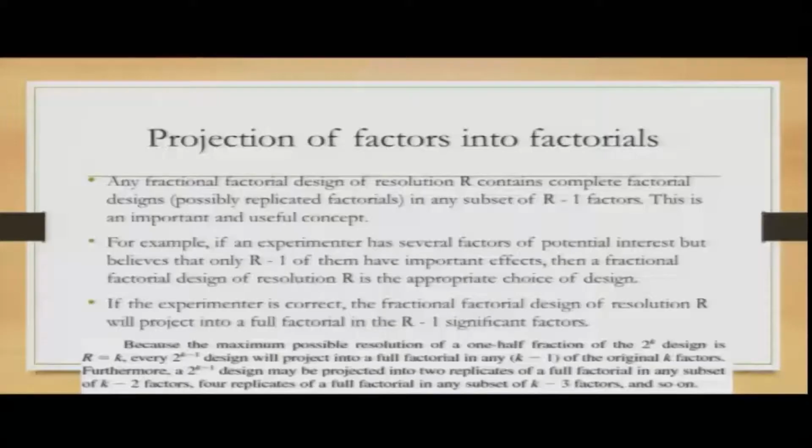So, if the experimenter is correct, the fractional factorial design of resolution R will project into a full factorial in R minus 1 significant factors, because the maximum possible resolution of 1/2 fractions, which is 2 to the power k, can be designed in such a way that the combination can be taken together. Furthermore, as we take the design, it may be projected onto 2 replicates, 3 replicates or 4 replicates, depending on the level of significance and the efficiency which the experimenter wants.